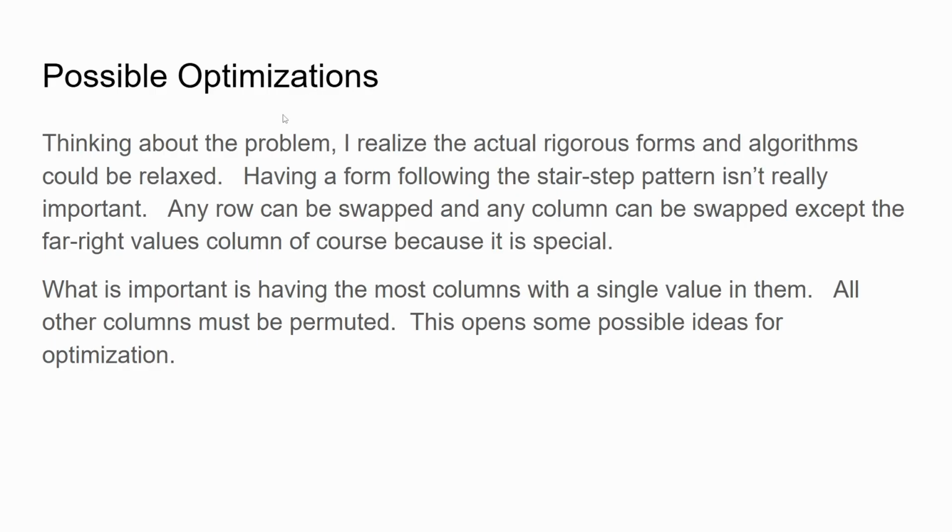So I think there are other possible optimizations I could make. What's really important is having the most columns possible with a single value in them. Those are dependent. I don't have to permute those. I can just calculate those after I permute the variable columns.